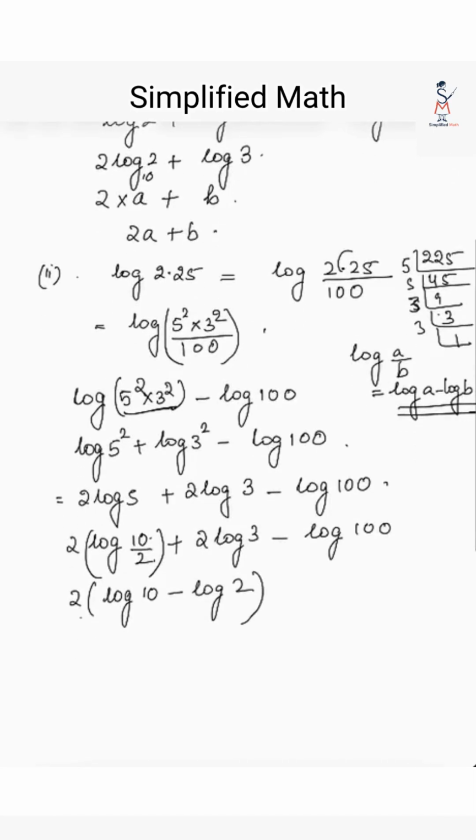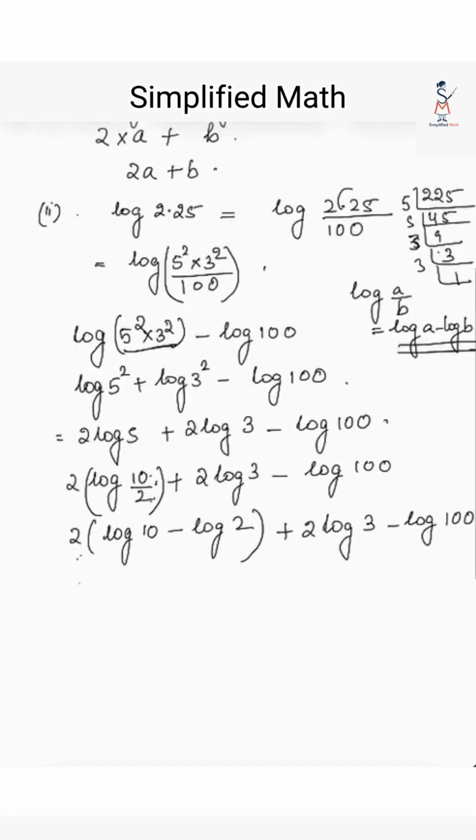So 2 will be written outside and the whole thing will be inside the bracket because 2 is with both 10 and 2. Remember this. Plus 2 log 3 minus log 100. That will become 2 log 10 minus 2 log 2 plus 2 log 3 minus log 100.